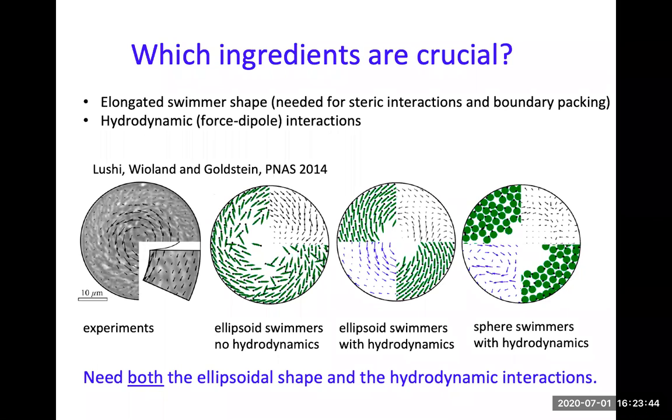And if you have instead spheres or disks, even with hydrodynamics, you don't get this self-organization, obviously because spheres have a hard time aligning. So you need both the ellipsoidal shape and the hydrodynamic interaction to get the motion that is seen in the experiments, right? So this is what the experiments and the simulations revealed.